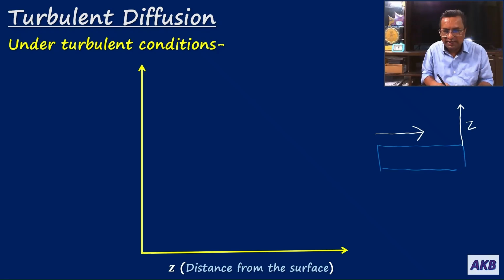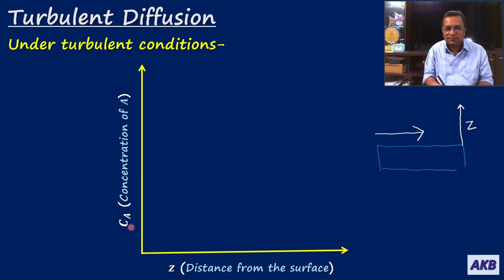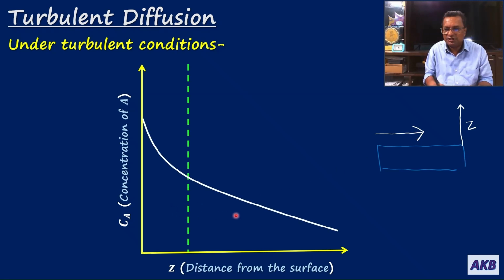So if you plot that distance on the x-axis and concentration of E in the film, concentration of E in the fluid, or in the air in this case, then the concentration will change in this way.